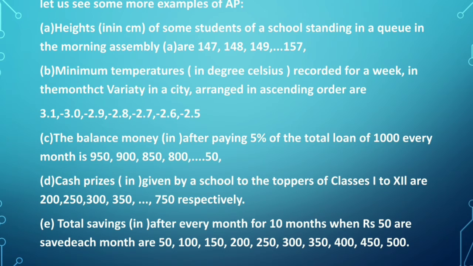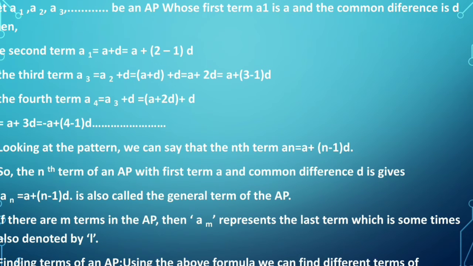In all these examples, a fixed number is added to the preceding number to get the successive ones.